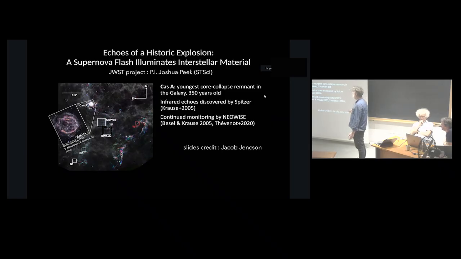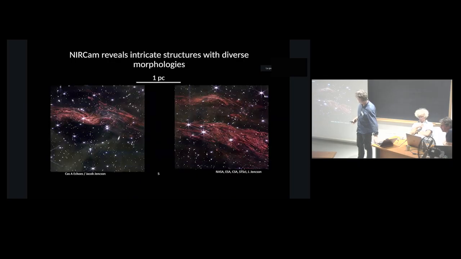That supernova exploded 350 years ago, but there's still a light echo propagating into the ISM, and this light echo is lighting up whatever ISM is on its way. So it's like doing an MRI of the ISM. If you can do that at different times, you're able to reconstruct what the ISM would look like in 3D. And this is what we are doing.